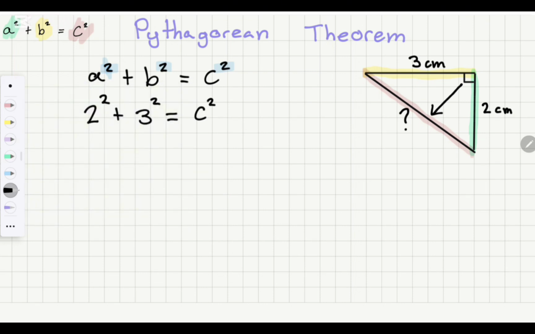So 2 squared is like saying 2 times 2, which is 4. So I'm going to write down 4. Next is 3 squared, which is like saying 3 times 3, which I know is 9, equals, and then we still don't know c.